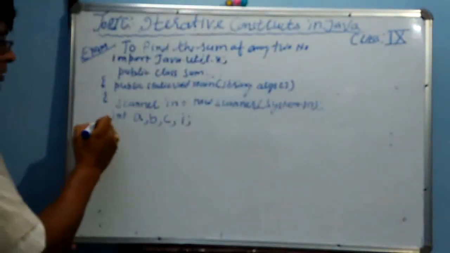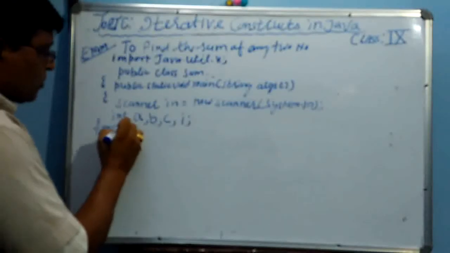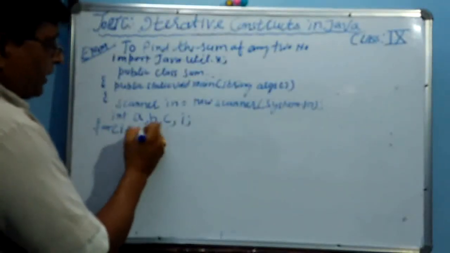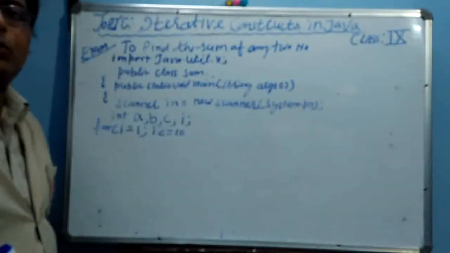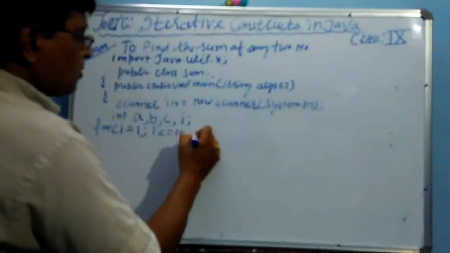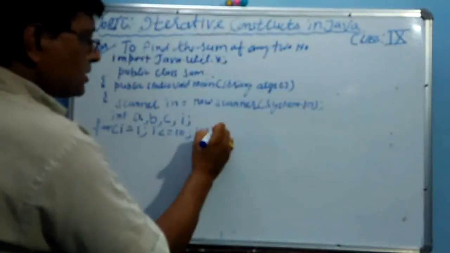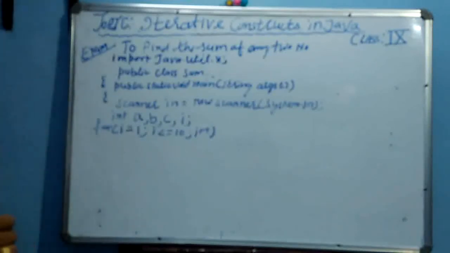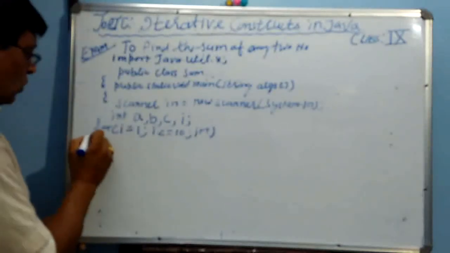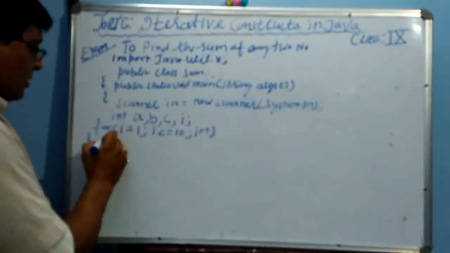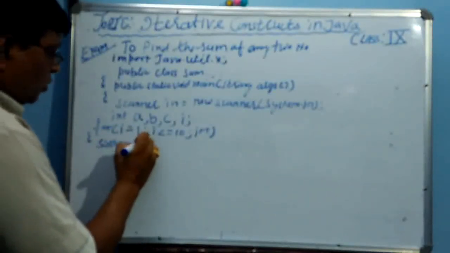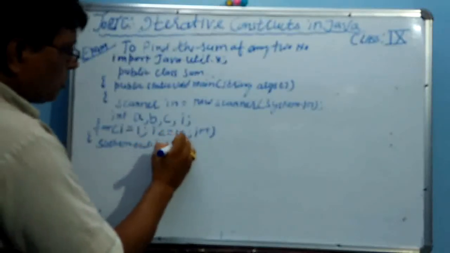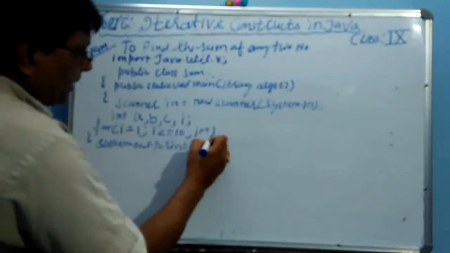Now we have to use our loop: for I is equal to 1 and I is less than or equal to 10 iterations according to the question. Then semicolon, then I increase. Now open brace, then we use the output statement System.out.println and double quotes.